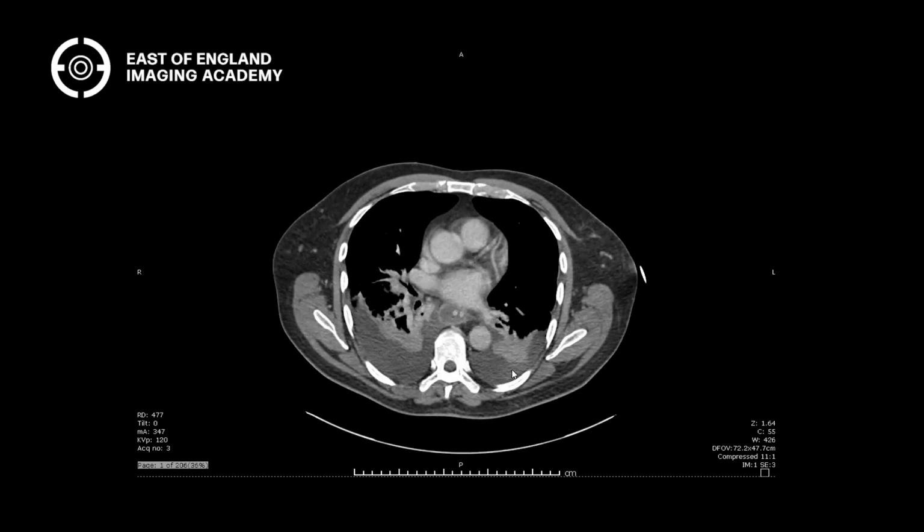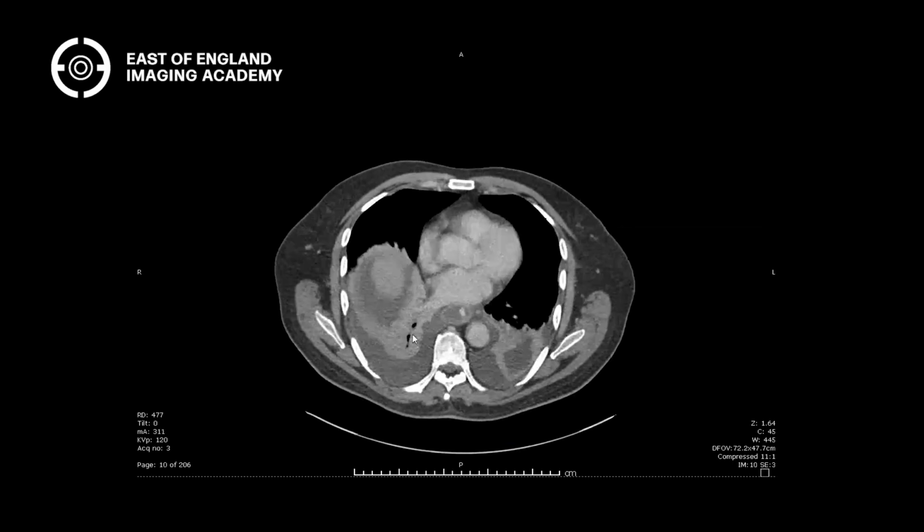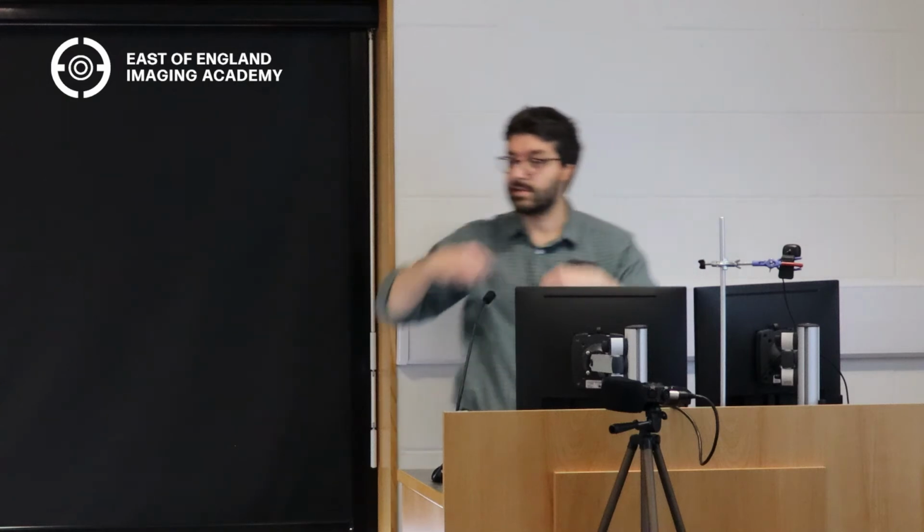So first things first, what can you actually see in the lungs here? Yeah, it's definitely fluid, isn't it? Around close to 0 Hounsfield units. So we've got fluid effusions. What's this dense stuff here on top of the fluid? No, it's just sitting on top of the fluid.